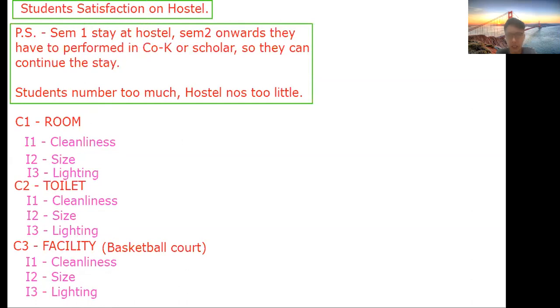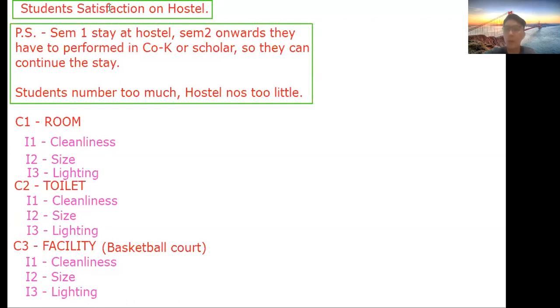I got no place to write on this whiteboard, so please write down in your notes: the pink ones are all the factors that affect students' satisfaction. I repeat, all these pink items are the factors that affect students' satisfaction.